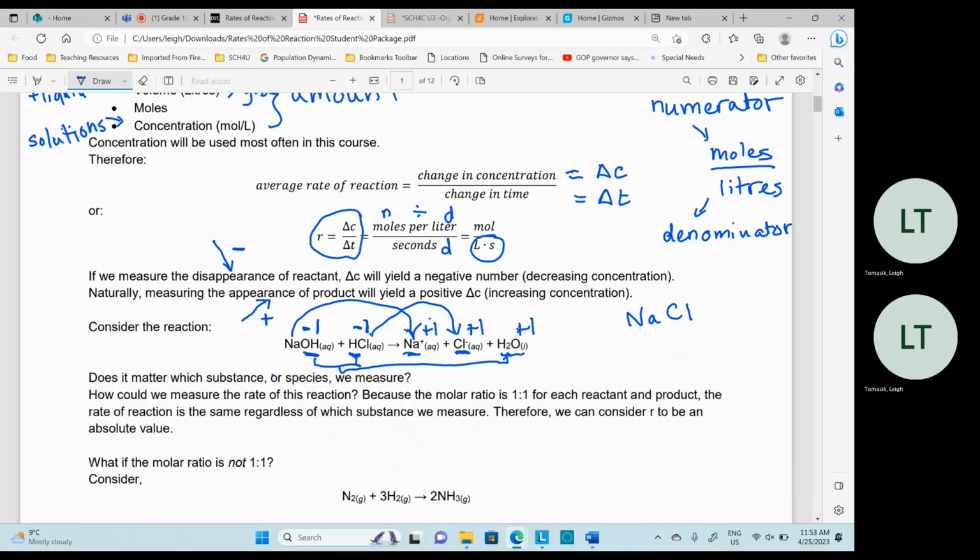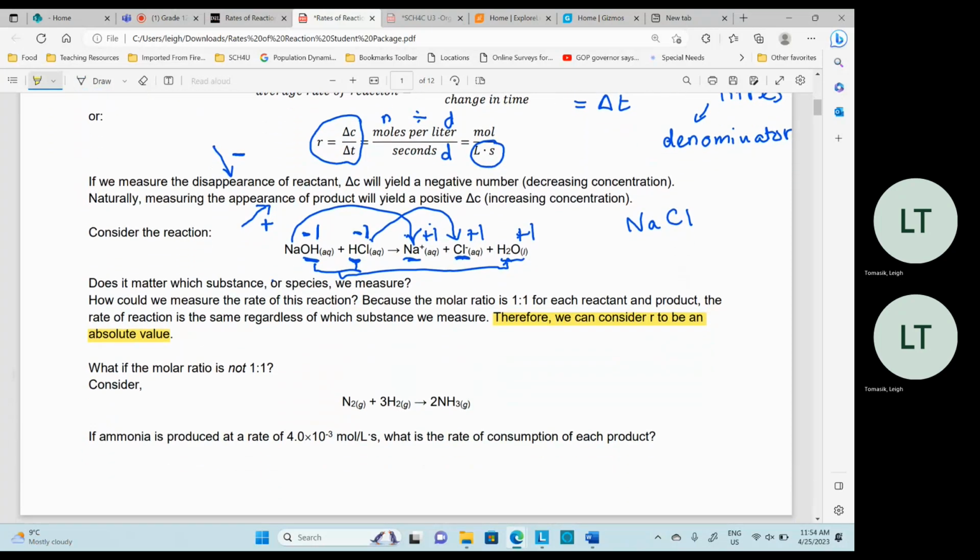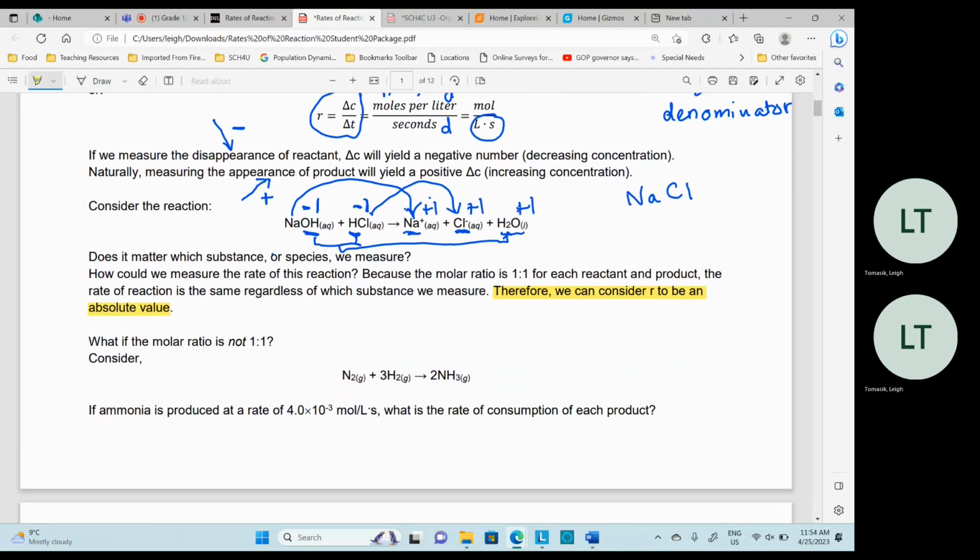So we consider R to be an absolute value. Right? There's only one rate for this reaction, and it's the same for both reactants and all of the products. Okay? If the coefficients were different, like in this equation here, it would be called a relative value. Right? So this one here has what we call a relative value.